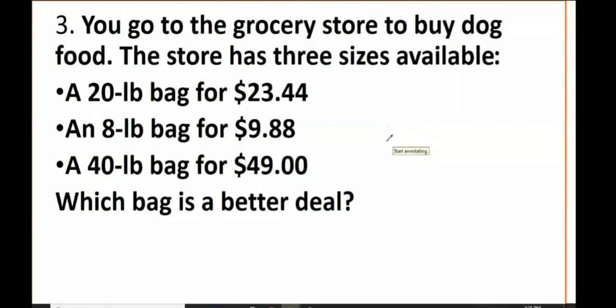Number 3, you go to the grocery store to buy dog food. The store has 3 sizes available: a 20-pound bag for $23.44, an 8-pound bag for $9.88, and a 40-pound bag for $49. Question is, which bag is the better deal? Which bag is the better price, the cheaper one? So again, to do that, we're going to find the unit price. Remember, you're going to divide the price by how many pounds are in each bag.